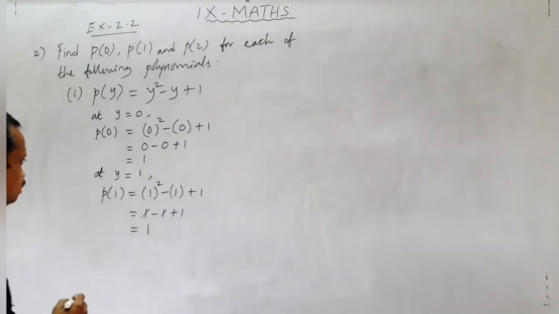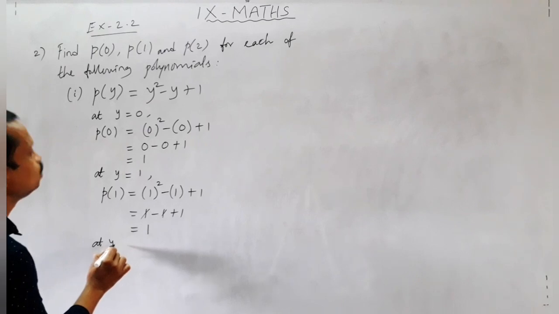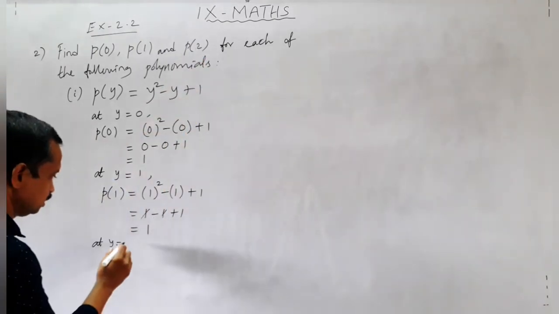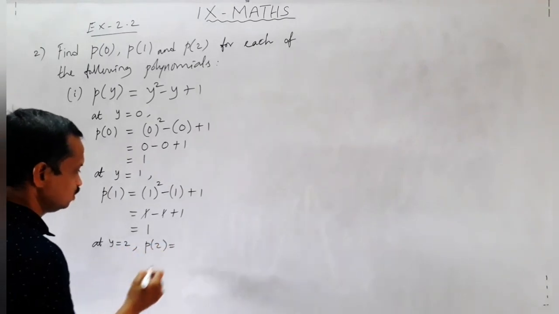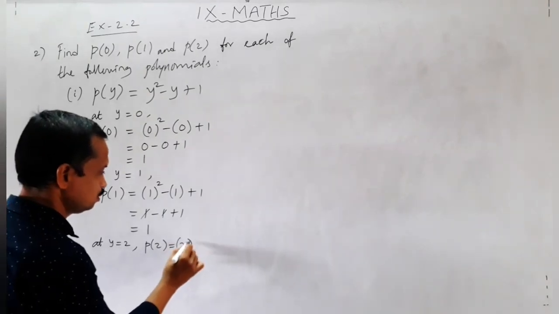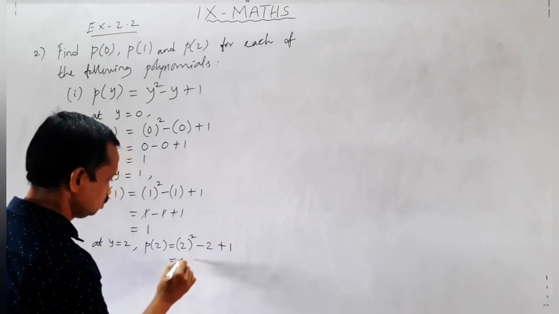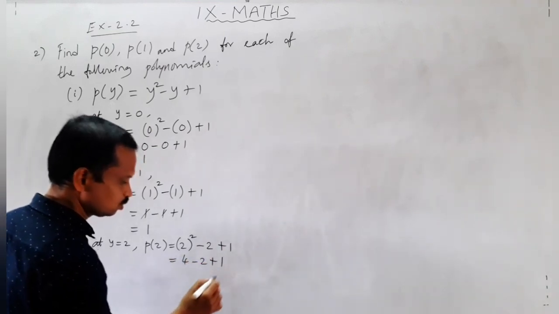And coming to the next step, at y equal to 2, because we are going to find p of 2. So p of 2 is equal to, for y, put 2 square minus 2 plus 1. So 2 square means 4, and then minus 2 plus 1.